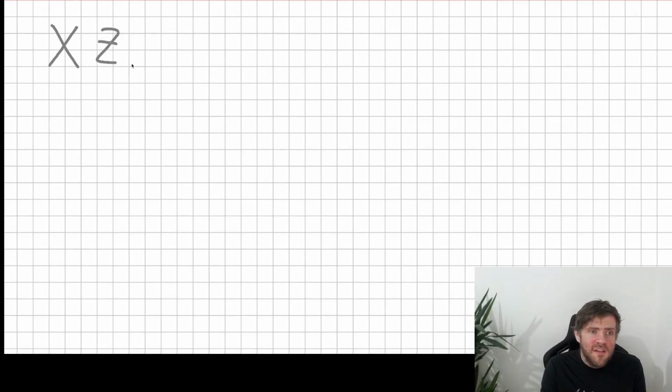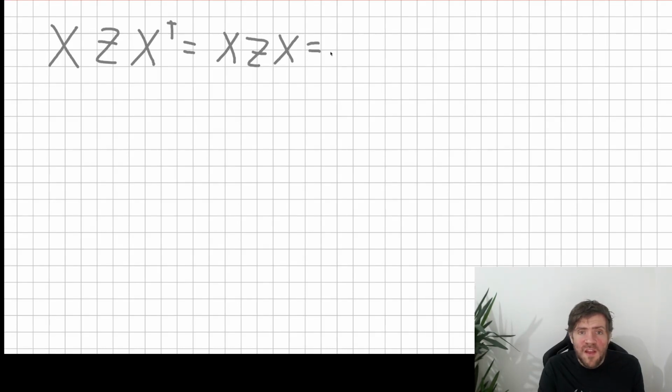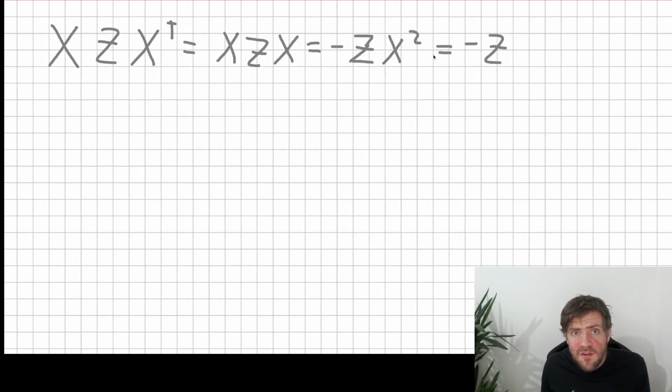If you do X dagger around a Z, for example, then the fact that Paulis are Hermitian, and this is something you can verify, means that this is the same as X Z X. And if we commute the X through to Z, that gives us minus Z X squared, and X squares to identity, so that gives us minus Z. So they transform Paulis to Paulis, but they do it in a rather boring way of just giving phases due to the anti-commutation.